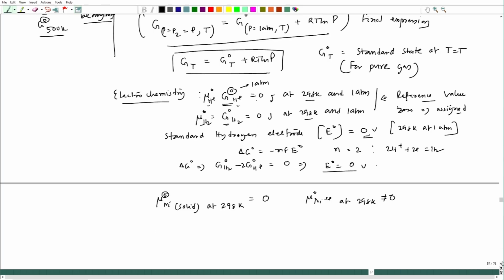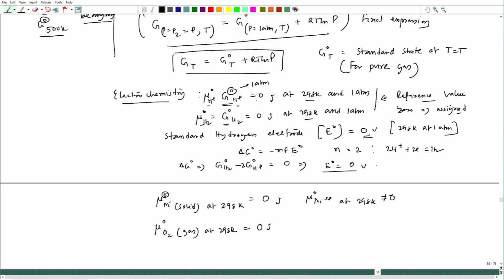Similarly, I can find out naught O2 at 298 Kelvin is still 0 joule. So, this gas is the most stable phase of oxygen at 298 Kelvin.